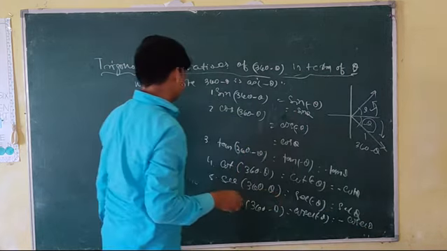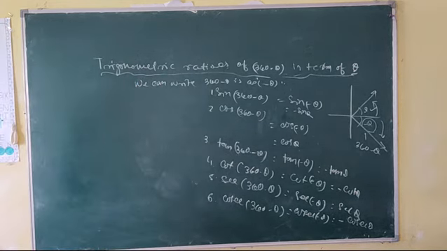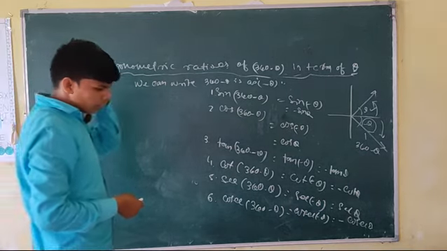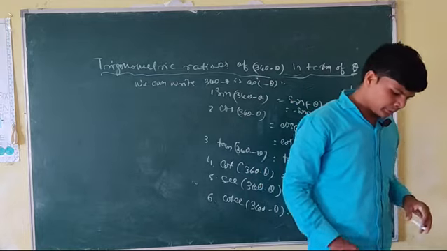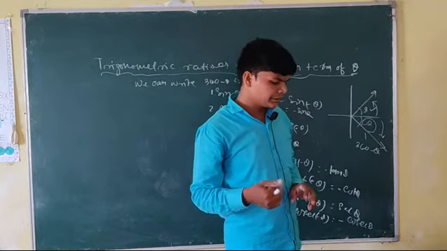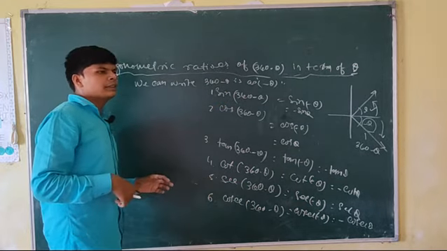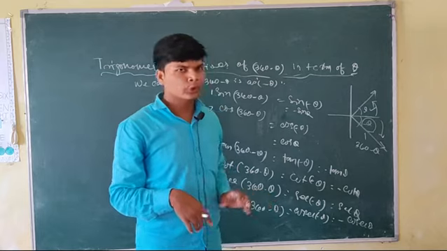Okay, all these six ratios you need to memorize. So students, we will read periodic functions in your next class, and your homework is that you all need to memorize today's and yesterday's or previous class formulas.